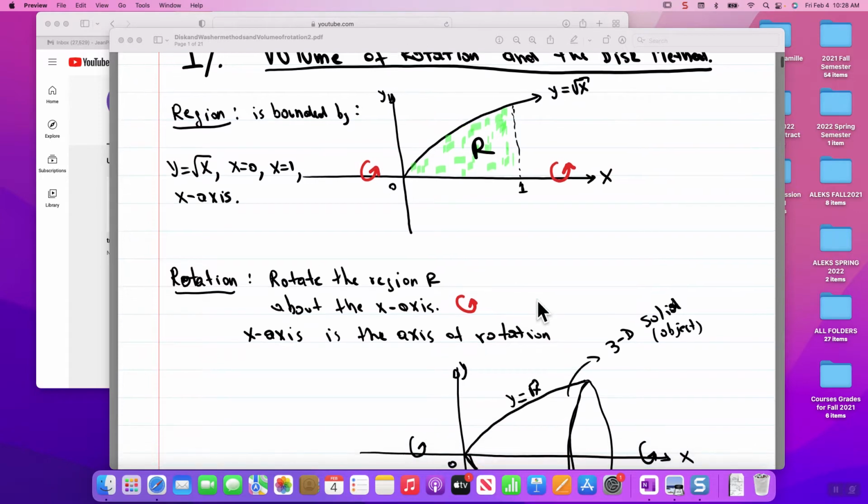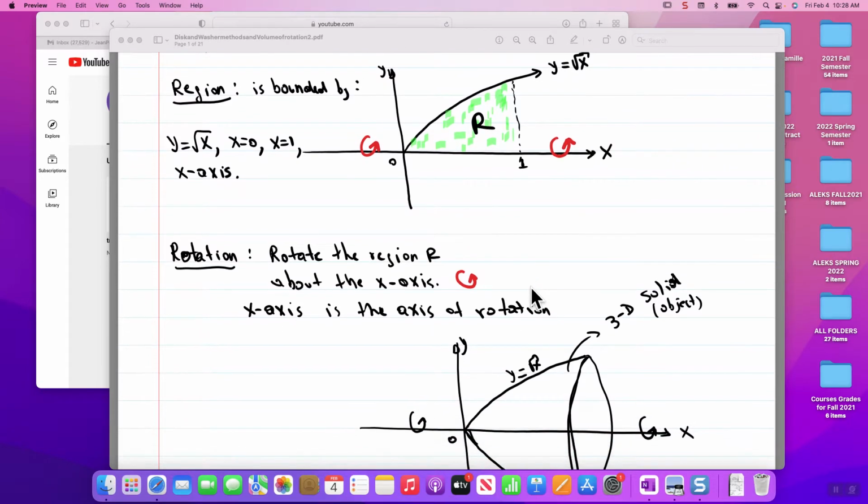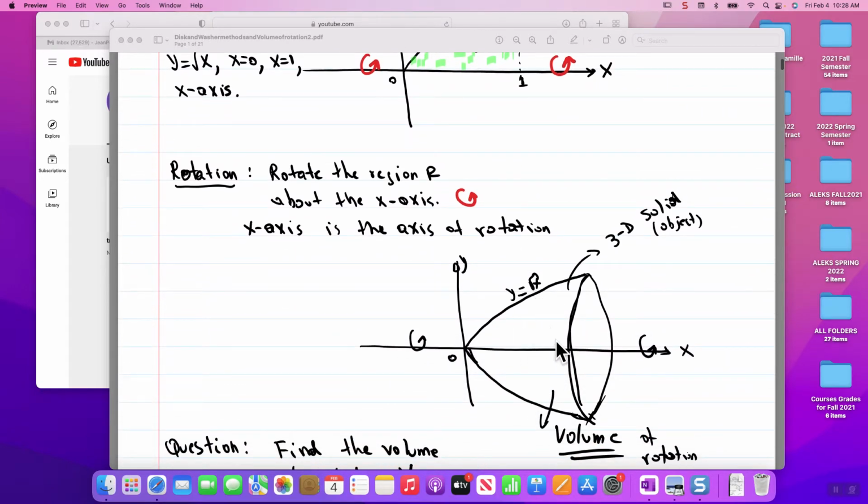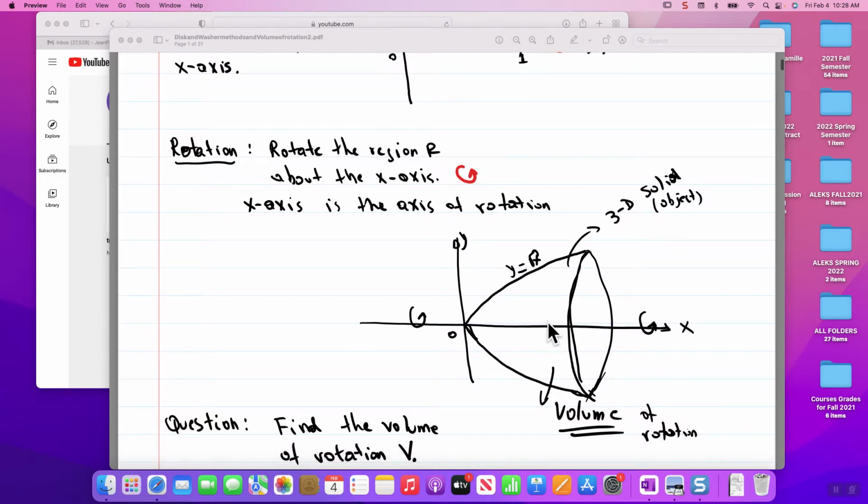By doing that rotation, we create this type of solid. Think of a football that you cut in half. They ask you to find the volume of the half football, so that's what we're doing here.